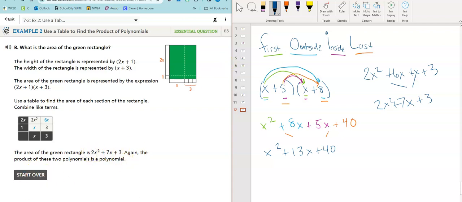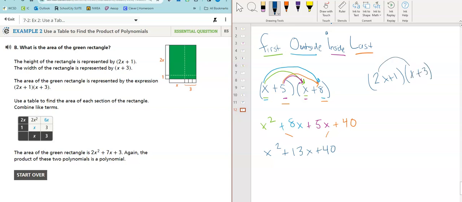Okay? What I'm going to do over here is show you how this works with FOILing in case you didn't want to use a table. Perfectly fine to do both. So if you didn't want to use your table, you would take your 2x plus 1 and your x plus 3, and we would FOIL.